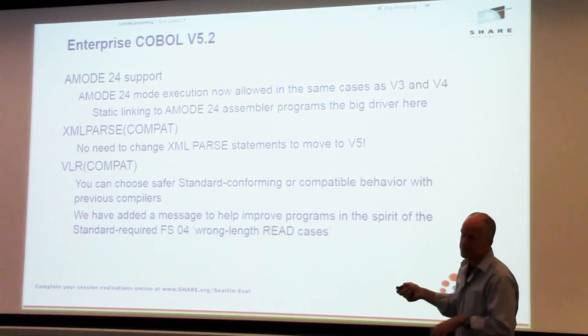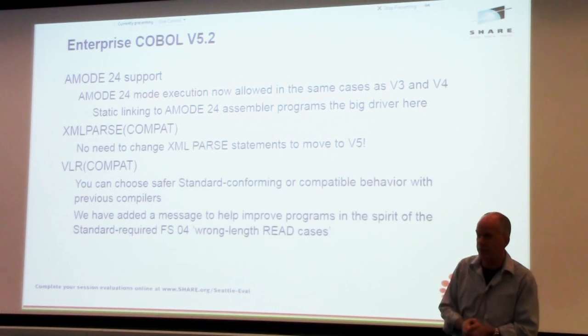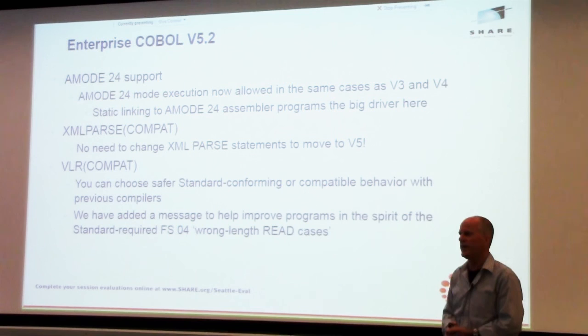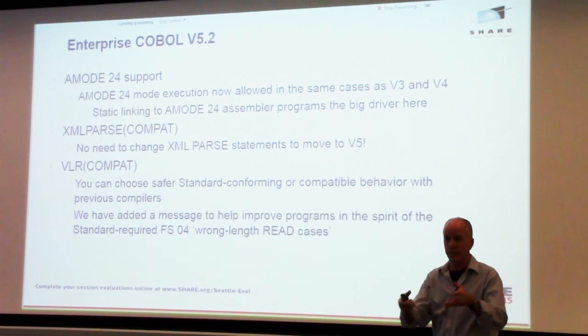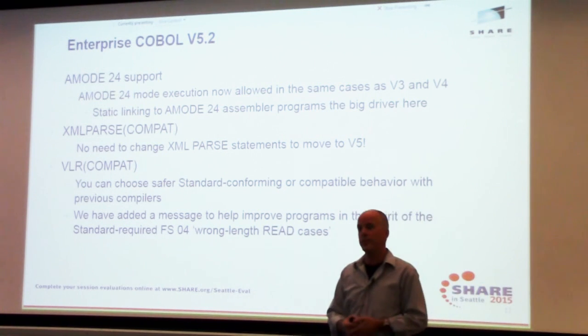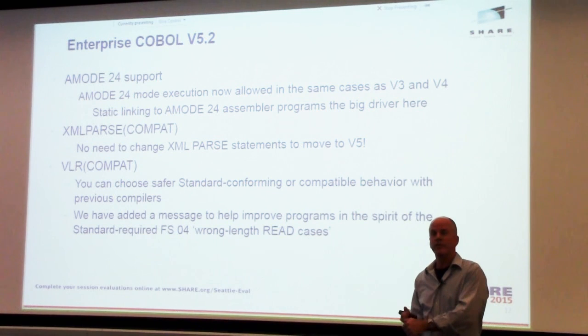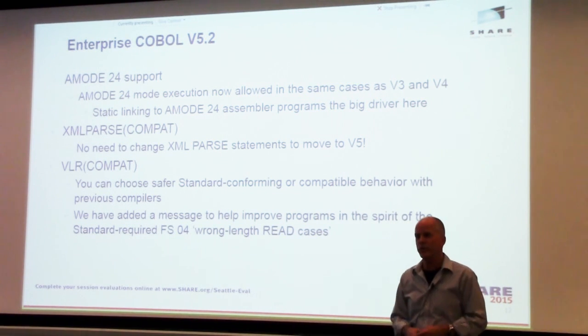One of the questions that customers would ask me is, why did you remove A-mode 24 support from COBOL? And it's really not the right question, because we got a code generator that we took from Java, the just-in-time compiler. That code generator could handle A-mode 31 and A-mode 64, and they never considered A-mode 24.